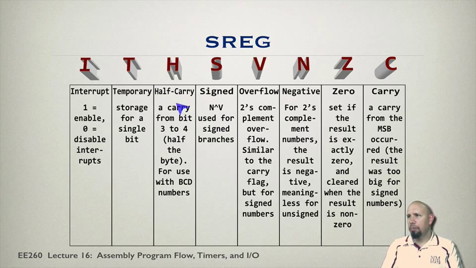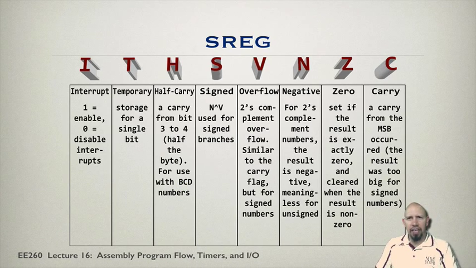Then there's the half carry bit. It's a carry bit from bits 3 to 4, from one nibble to the next. Remember, a nibble is half a byte. This is primarily used for doing binary coded decimal arithmetic. That's kind of an esoteric function, very infrequently used.